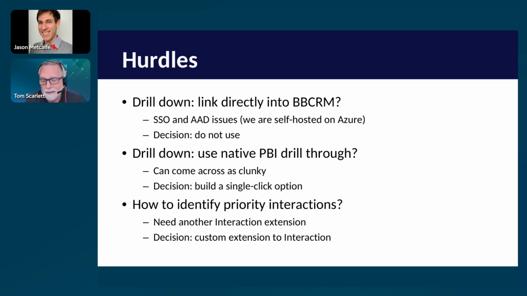So we decided, let's try to find a single click option. And then the last thing we ran into was, how are we going to flag these priority interactions and make it easy for our end users to attach that flag to any interaction that they're putting in the system? And for that, we use the SDK, and we just extended the interaction forms to accommodate that.